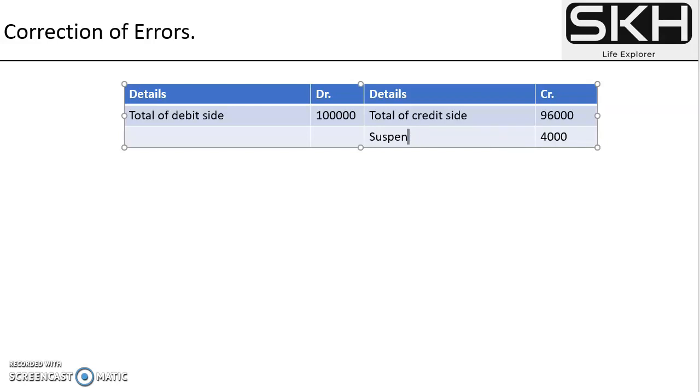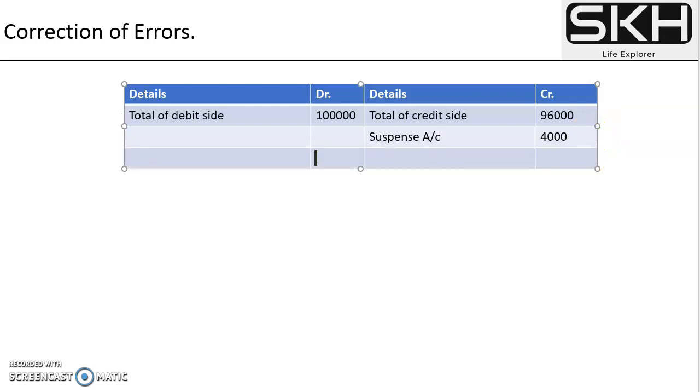This is the term we use to make our trial balance equal. We open this suspense account temporarily until we resolve the issue. So this is how we make our trial balance equal in the first instance. Now you can see the trial balance is equal, but we have to correct the mistakes.